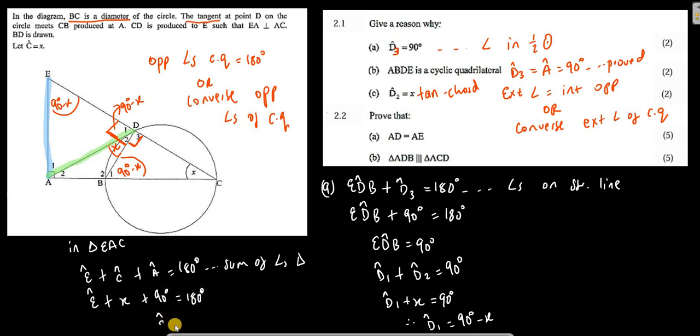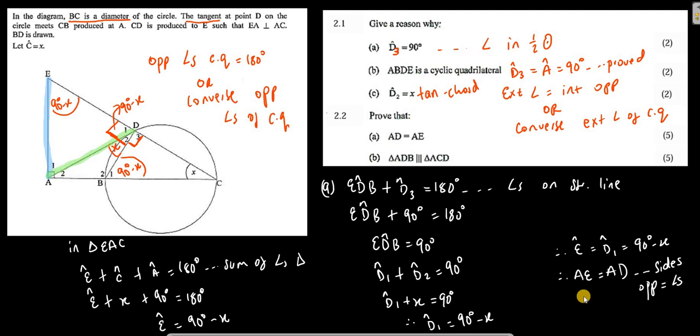So therefore angle E will be 90 degrees minus X. So because of this, angle E is equal to angle D1. Since both are equal to 90 minus X, then we say therefore AE will be equal to AD. Reason being, these are the sides that are opposite equal angles. That is the reason that we use.